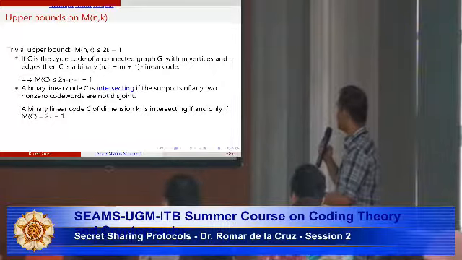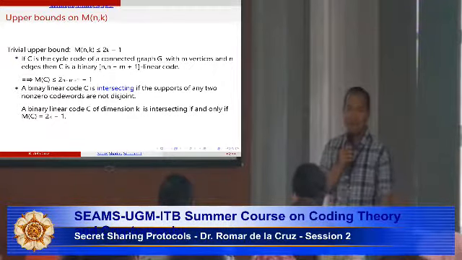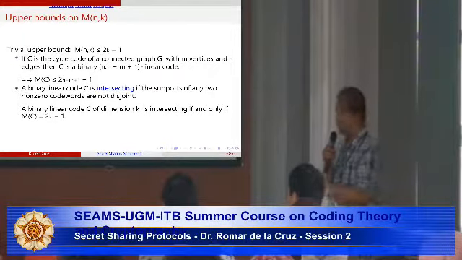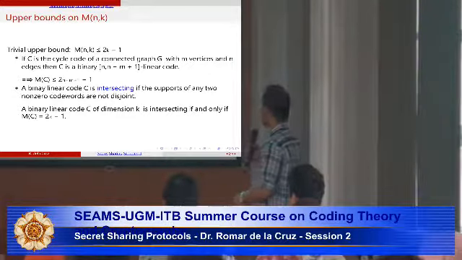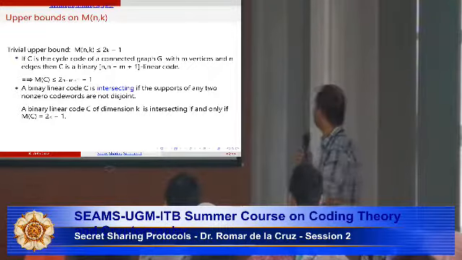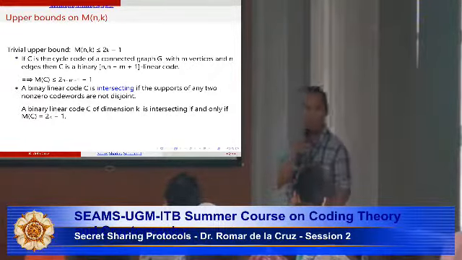If you apply this trivial upper bound, M(C) is at most 2^(n-m+1) - 1, which is this theorem: a connected graph with m vertices and n edges cannot have 2^(n-m+1) or more cycles.